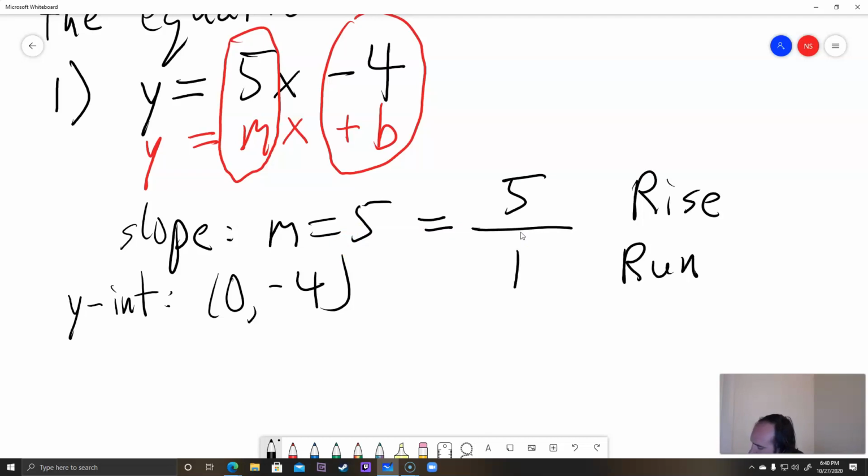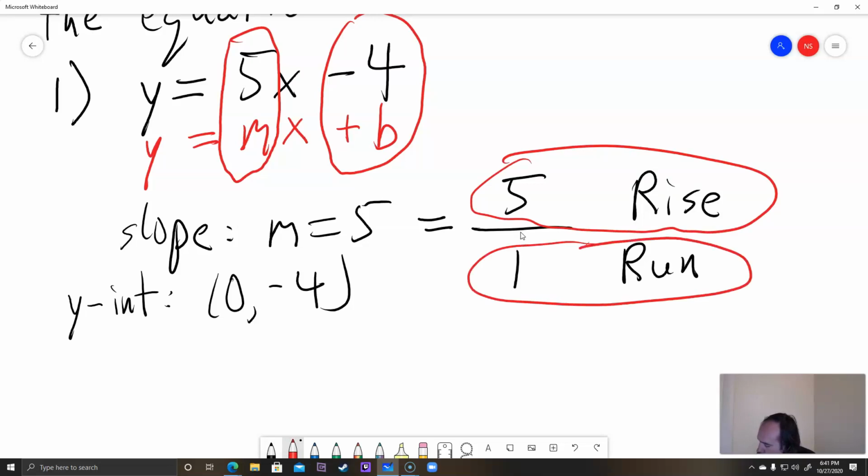So here the rise is 5 and the run is 1. And remember, if the rise is positive, you actually go up that far. So here our rise is 5 and our run is 1. Well, the positive 5 means we go up 5. And the positive 1 for the run means we go right 1.